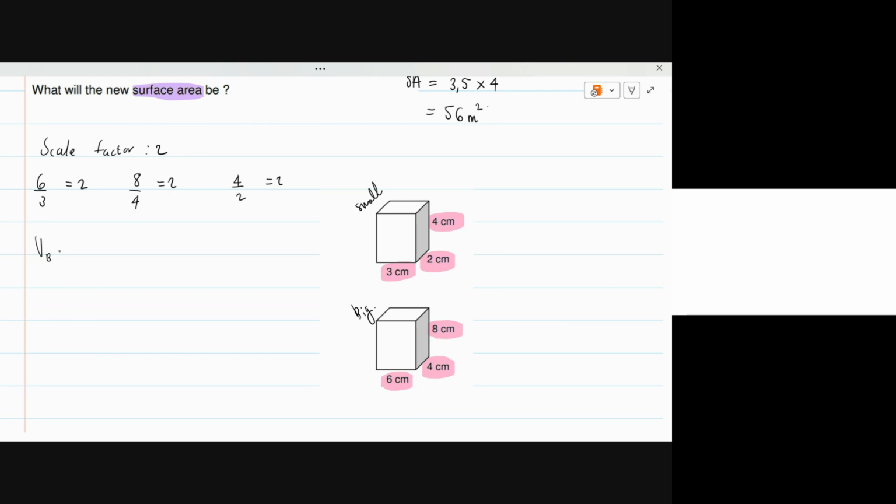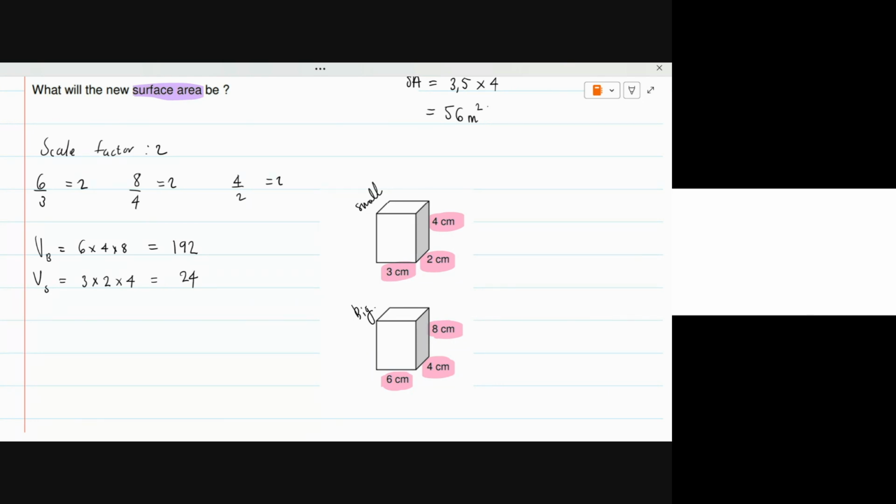The volume of the big shape is going to be 6 times 4 times 8, which is equal to 24 times 8, which is equal to 192. And the volume of the smaller rectangular prism is going to be 3 times 2 times 4. That's going to give us 6 times 4, which is 24.